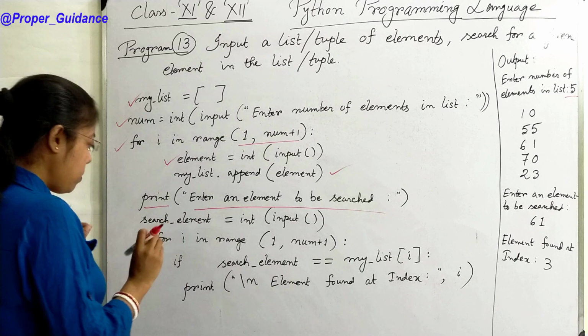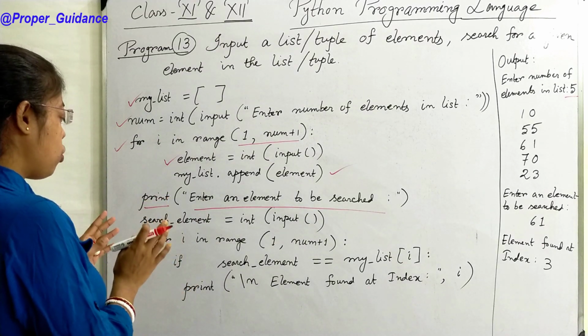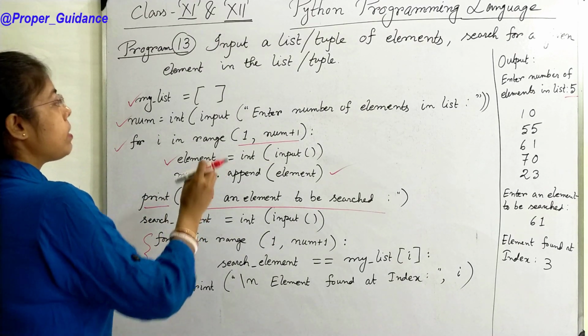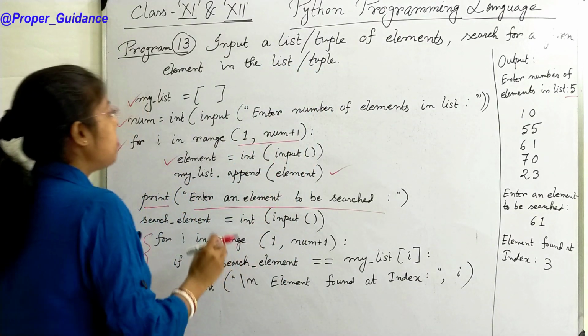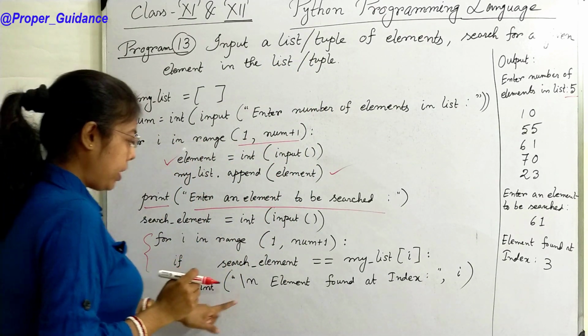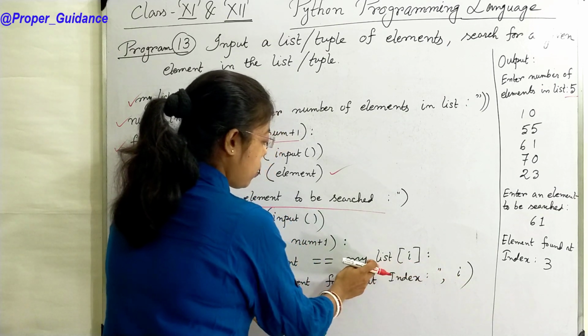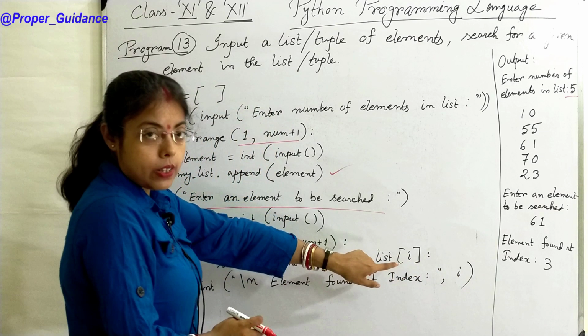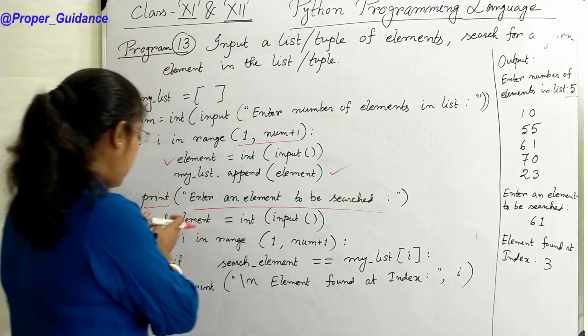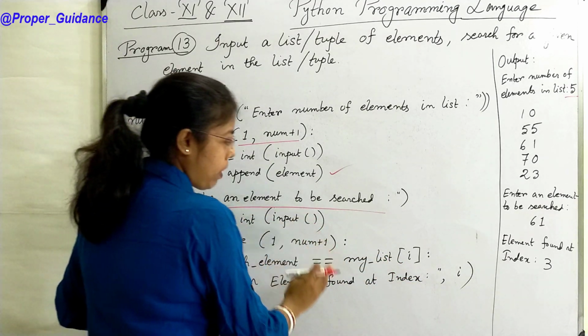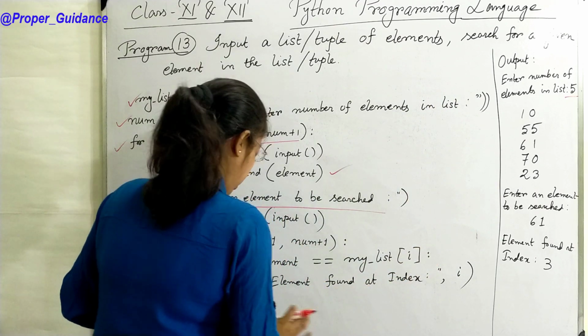Okay, so this is our program to check whether it is here or not. If the particular search element is available in that list, we have to print this line, element found at index i, because that is my list and i is the index here, and the i value goes from 1 to 5 for this particular output.